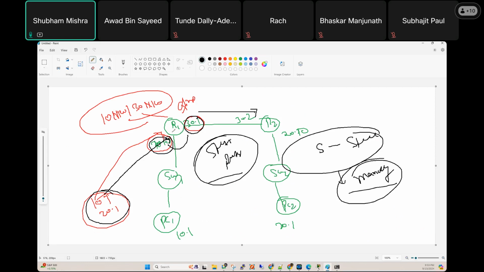It means this router doesn't know the next hop, where it needs to forward this packet. Yes or no? That is called next hop. Next hop means the next device where I need to forward the packet.